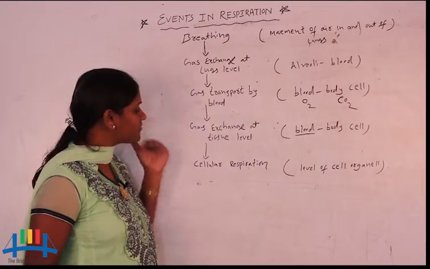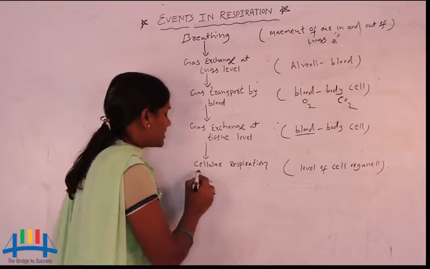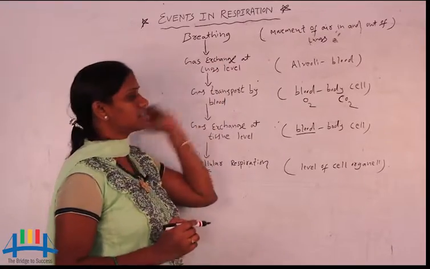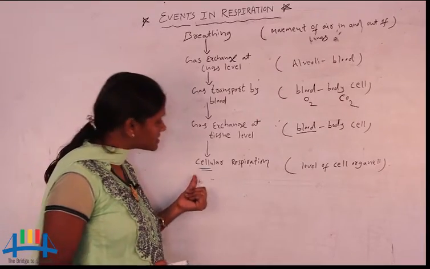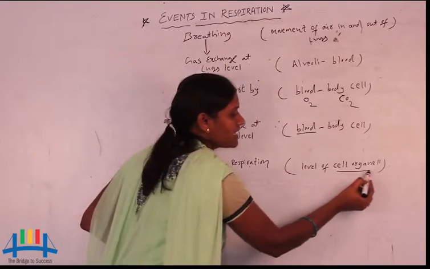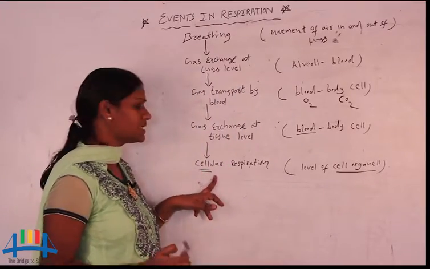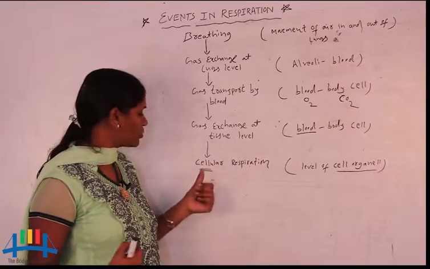Finally, we observe cellular respiration. Here the lungs are organs, blood is a tissue, and then we observe the cell. Cellular respiration occurs at the level of the cell organelle. The cell is made up of a group of organelles, just as a tissue is made up of a group of cells.